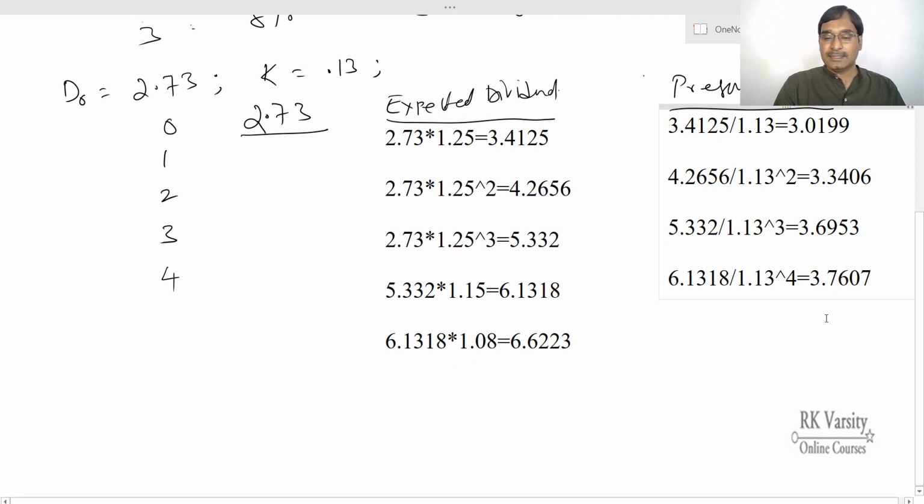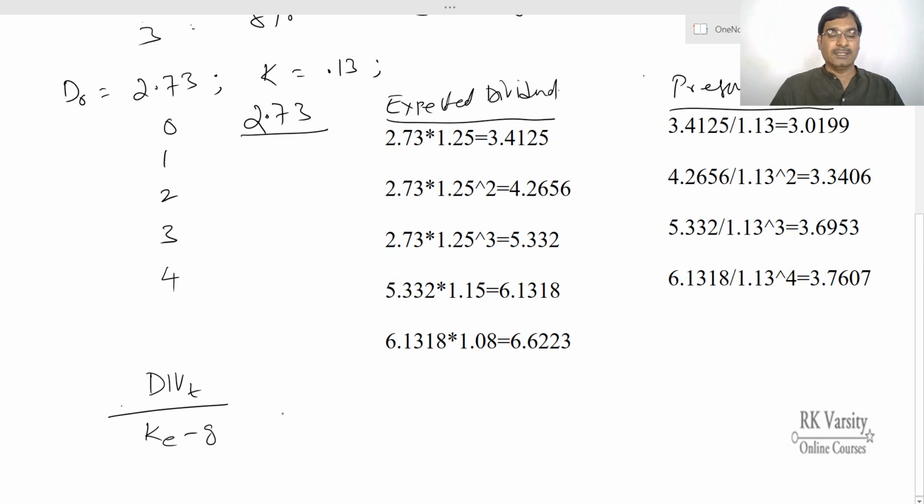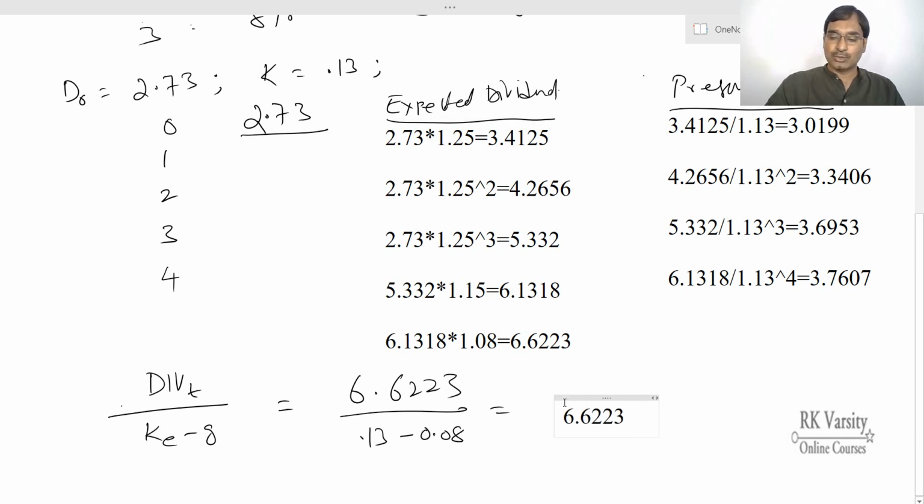Then at the end of the fourth year we need to calculate the terminal value of the stock. So to get a terminal value, that is dividend at T upon KE minus G. So this equals 6.6223 upon 0.13 minus 0.08.